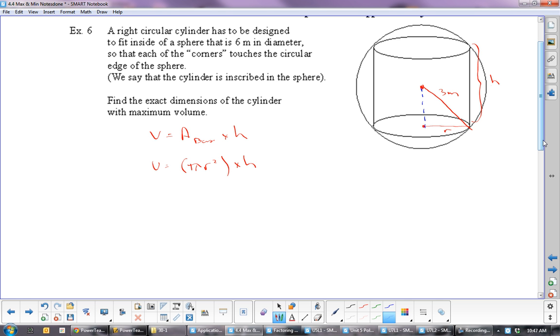I don't know how big my R is to find that angle. I do know I can label that blue side. Yeah, 1/2 h, or h over 2.